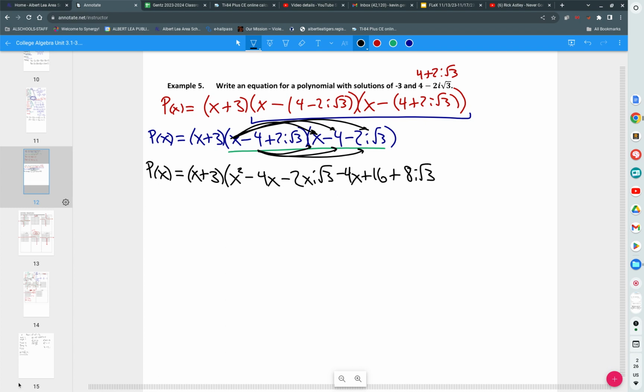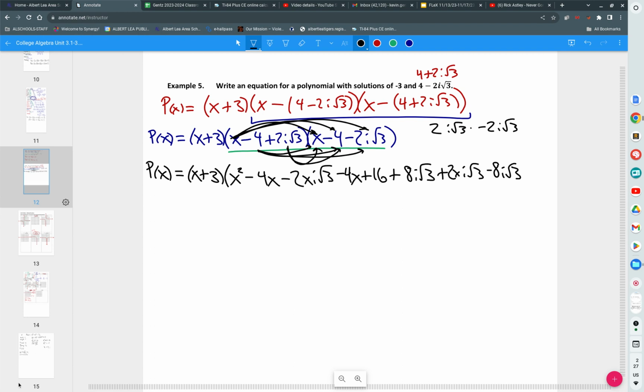And then we move along. 2i roots 3 times x is positive 2xi roots of 3. 2i roots 3 times negative 4 is negative 8i roots of 3. And then you have this last piece. I'm going to write it 2i roots of 3 times negative 2i roots of 3. Got to multiply that out.